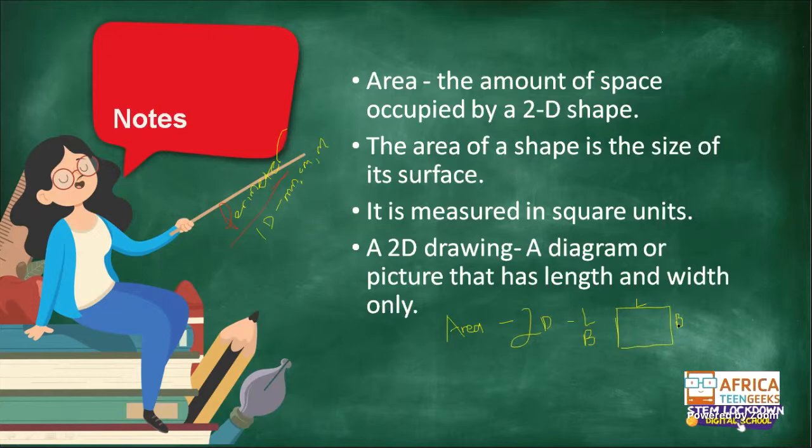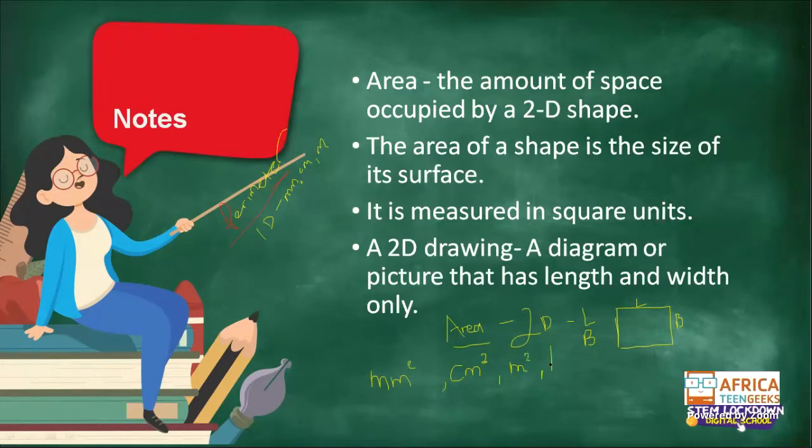Now, the area of a shape is the size of the surface. It is measured in square units. So when we talk of area, we're looking at units that are squared: centimeter squared, millimeter squared, meter squared. I'm obviously looking at metric units, not imperial units.